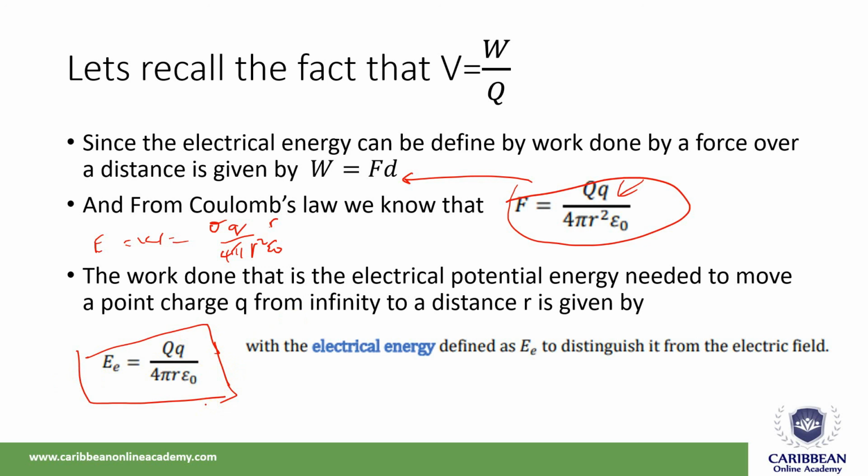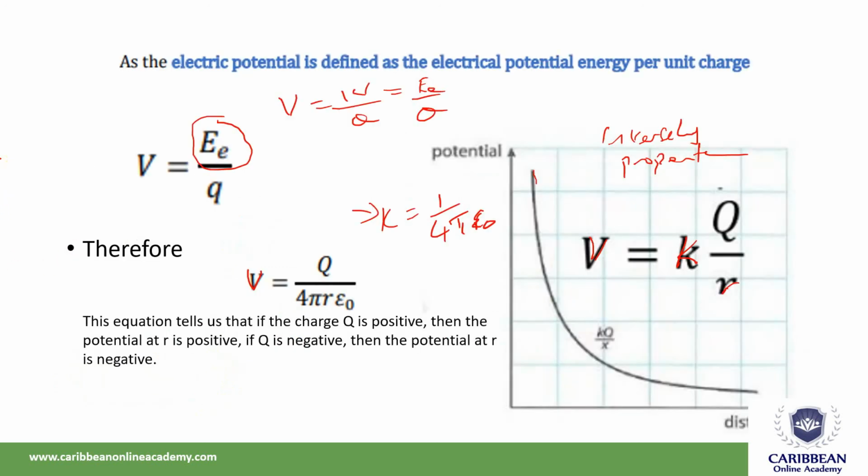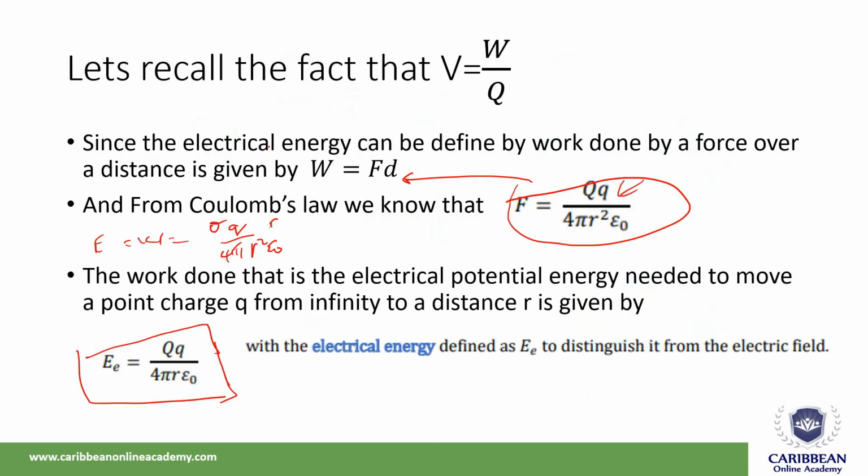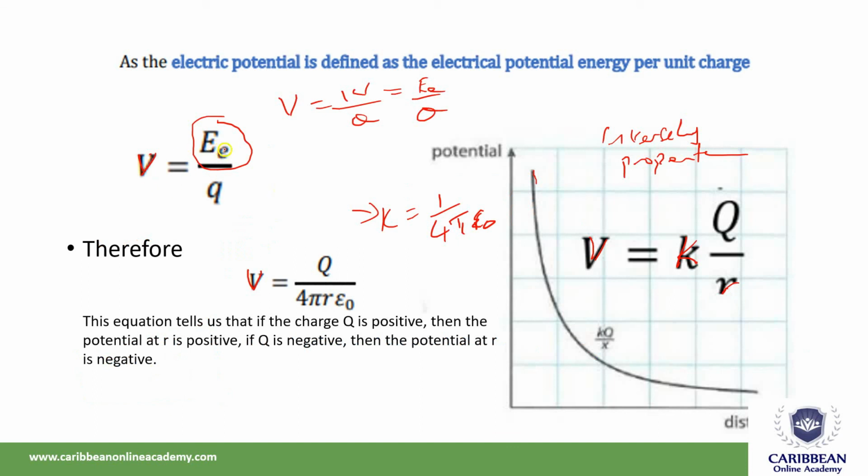Then, since we recall that the electrical potential is equal to the electrical potential energy divided by Q, and we just derived a while ago that E is equal to Q times Q divided by 4 pi R epsilon naught, if we substitute that into this equation, we end up with this thing right here, which is a universal equation for finding the electrical potential for a charged particle.